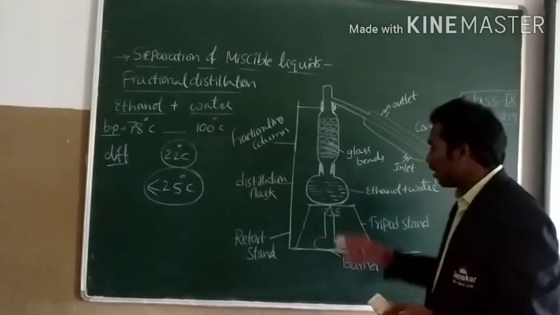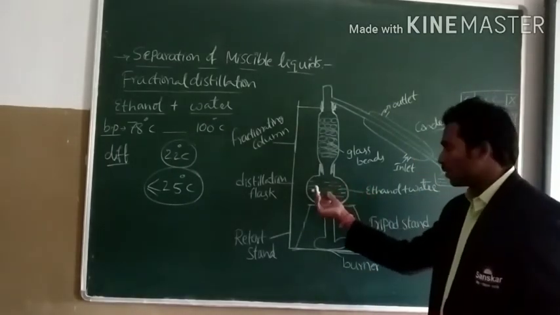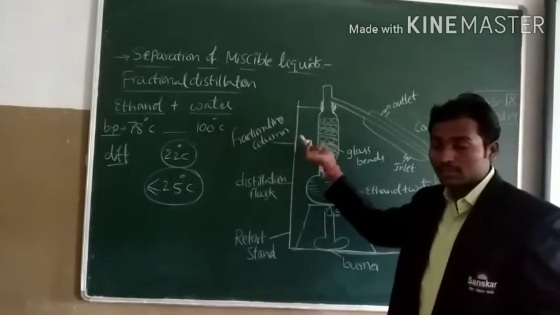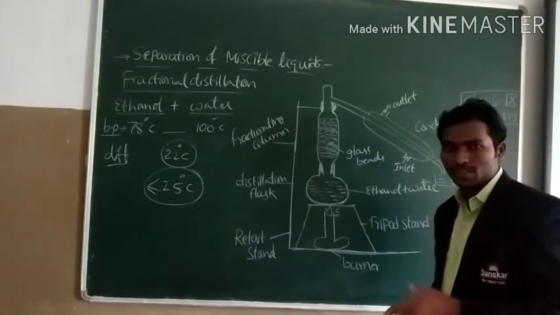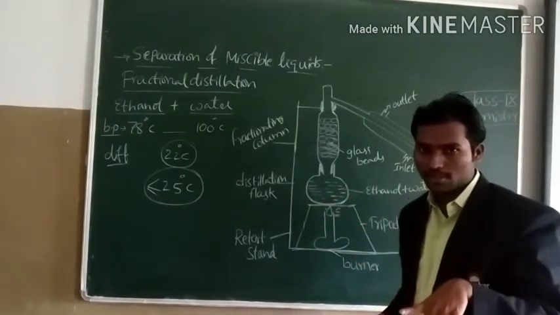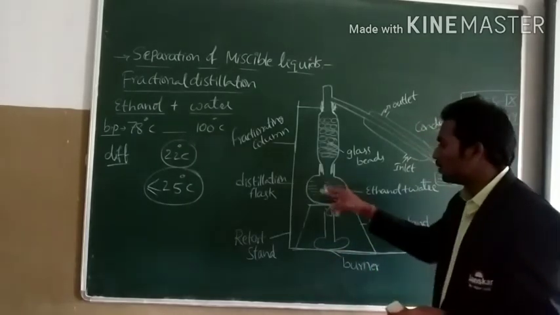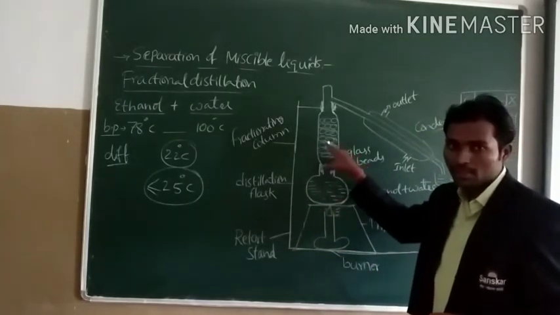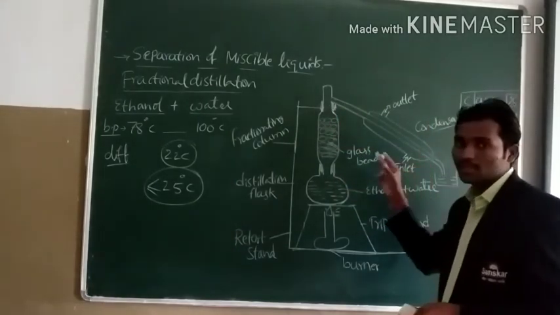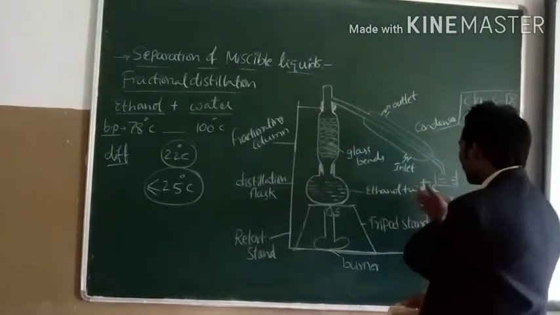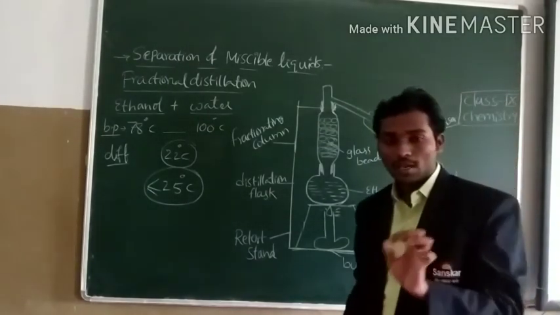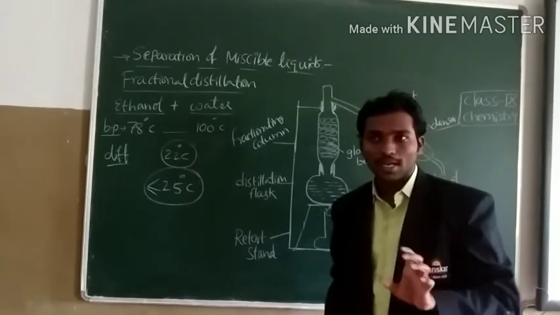That means on heating, both the liquids may evaporate simultaneously, and both pass through the condenser and get collected in the beaker. So separation may not take place perfectly or accurately at that time.